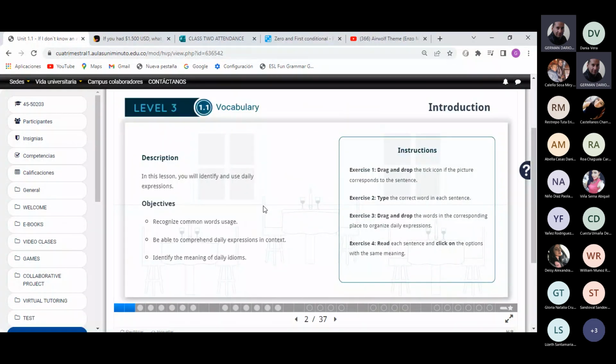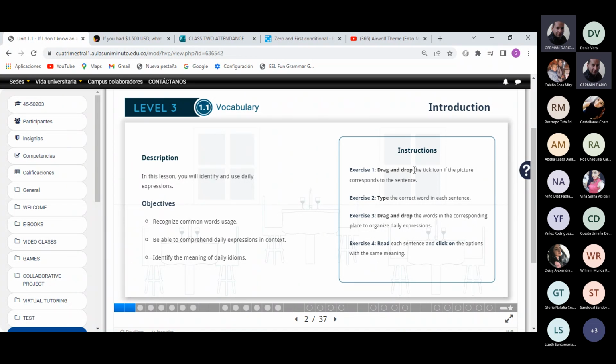Luego, la diapositiva número 2 nos dice la descripción de la actividad, cómo la debemos hacer. For example, in this lesson, you will identify and use daily expressions. The objective is recognize common word usage, be able to comprehend the expression in context, and identify the meaning of daily idioms.